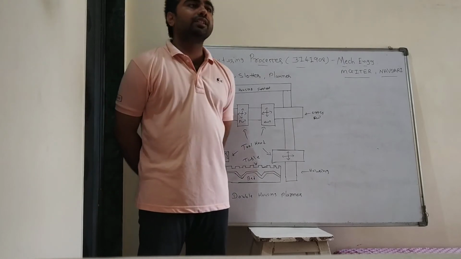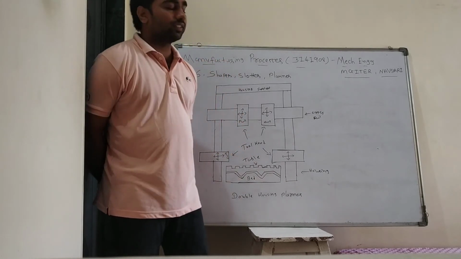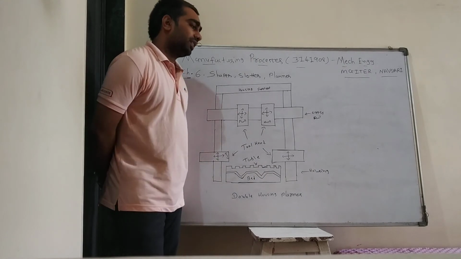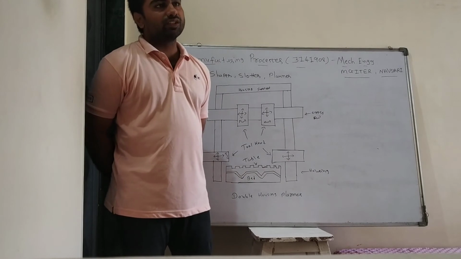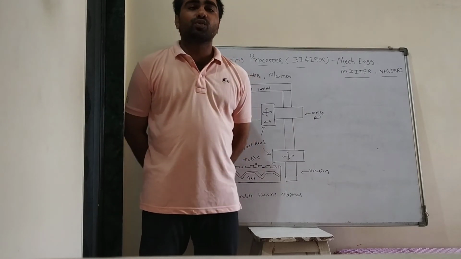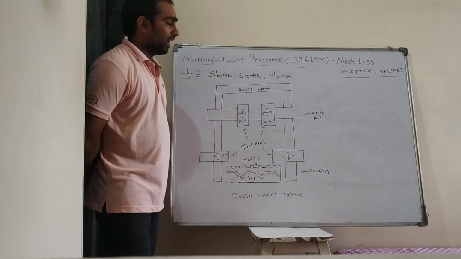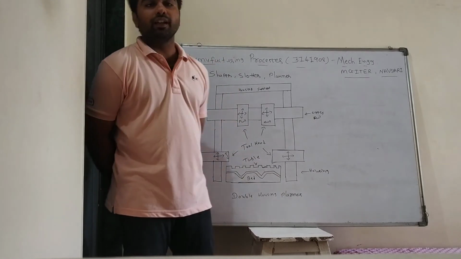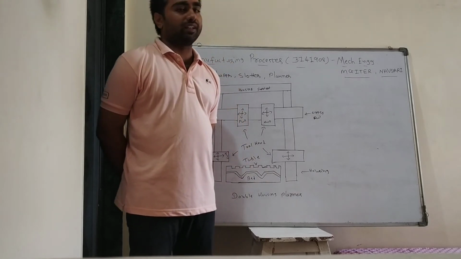Next is accuracy: work is done more accurately by the planer machine, and the shaper machine is not as accurate as the planer machine. That's why whenever surface finishing is required, the planer machine is best for the workpiece.